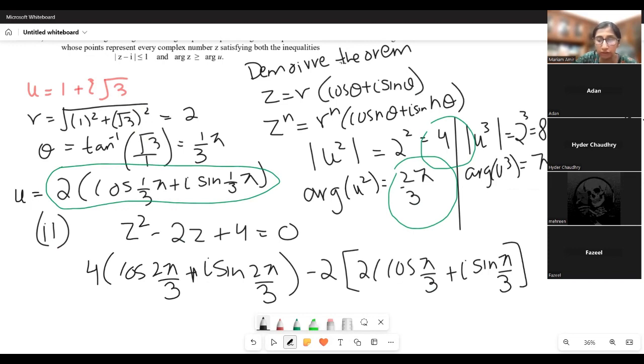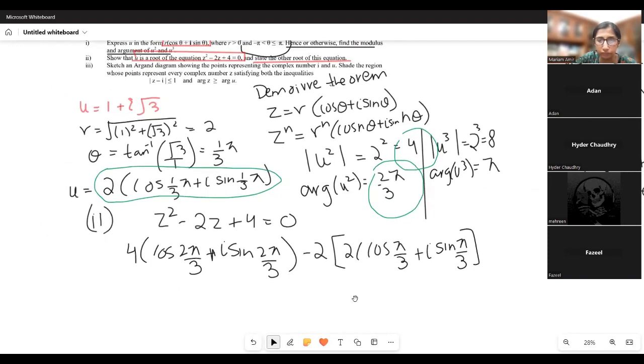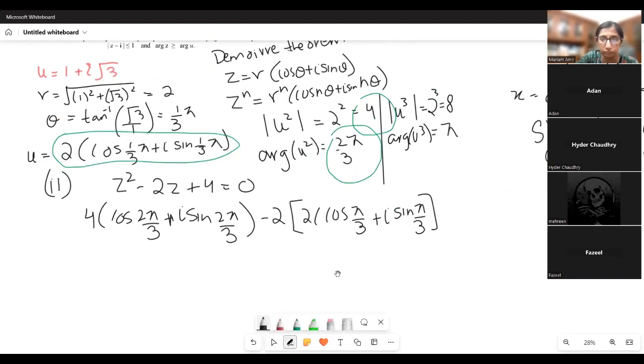You have to show that this is equals to 0. Is this equals to 0? Let's check.